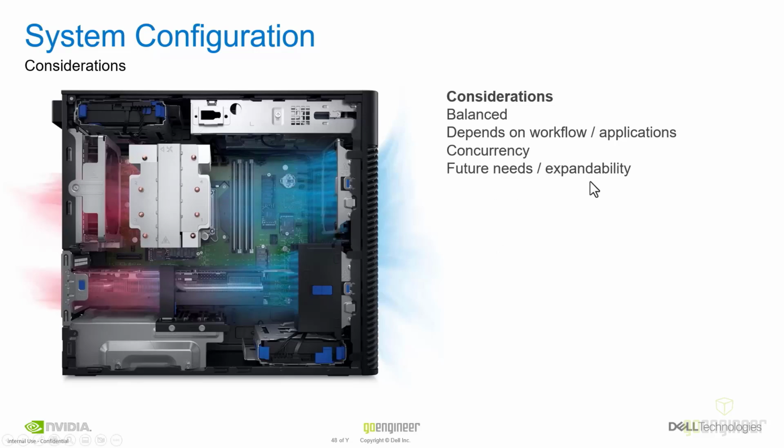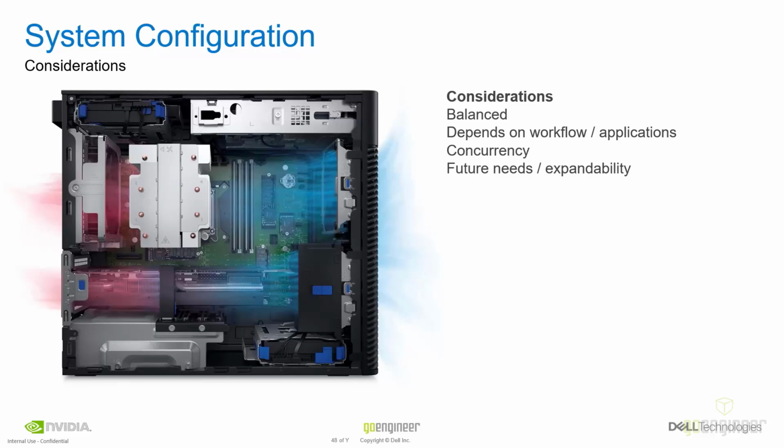And then future needs and expandability. This is really important. So we all know that our models, our designs are not getting simpler, right? It's only getting more complex. So think about what your needs are going to be in 2 or 3 years, and buy a system that's going to meet those growing demands. And then the expandability is important.